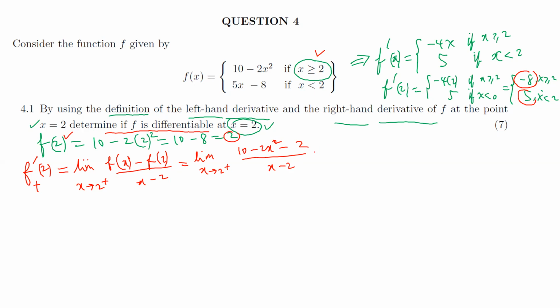Okay, this is like the average gradient with the limit. So we have this one: x approaches 2 from the right. We have 10 minus 2, which is 8, minus 2x squared over x minus 2. So you pull out minus 2.